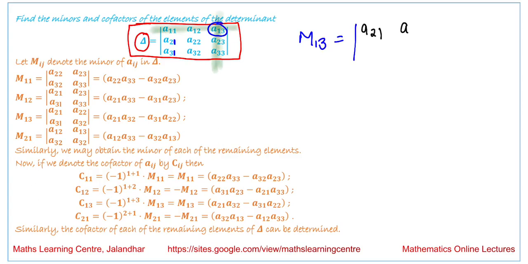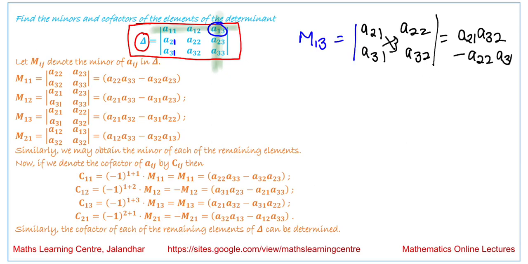A21, A22, A31, A32. On opening this determinant, we will get A21 A32 minus A22 into A31. These are cross multiplied over here. And if we have to calculate the cofactor, we write C13 equal to minus 1 raised to the power 1 plus 3 into M13.